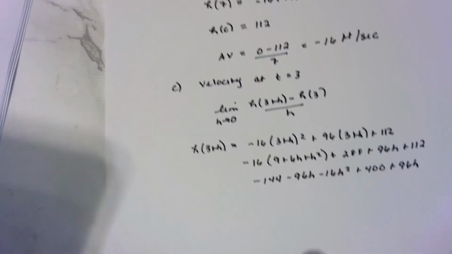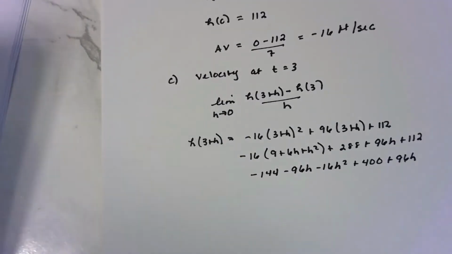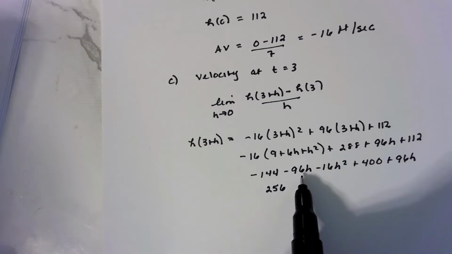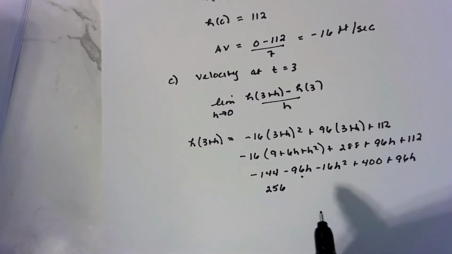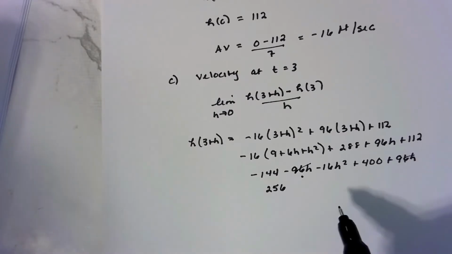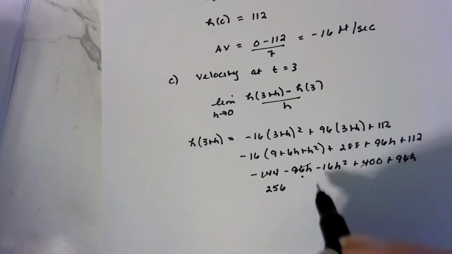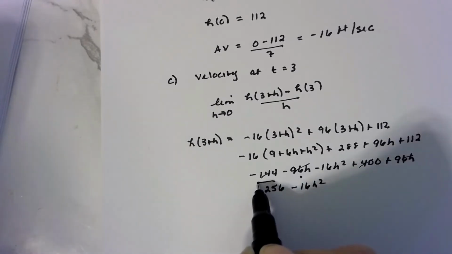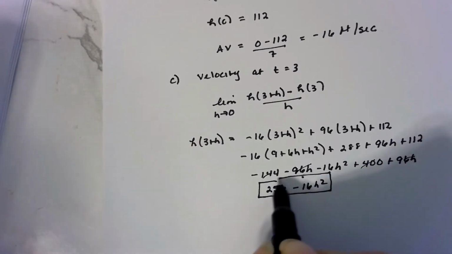Now I'm going to clean this up a little bit more. So 400 minus 144 gives us 256. Negative 96h and a positive 96h, that's nice, they're going to cancel. So minus 16h squared. Okay, so that's my h of 3 plus h.